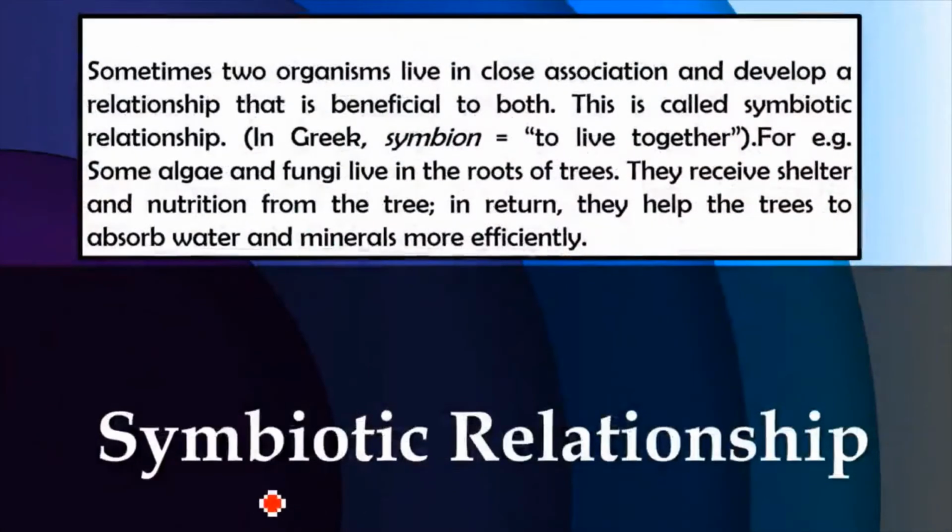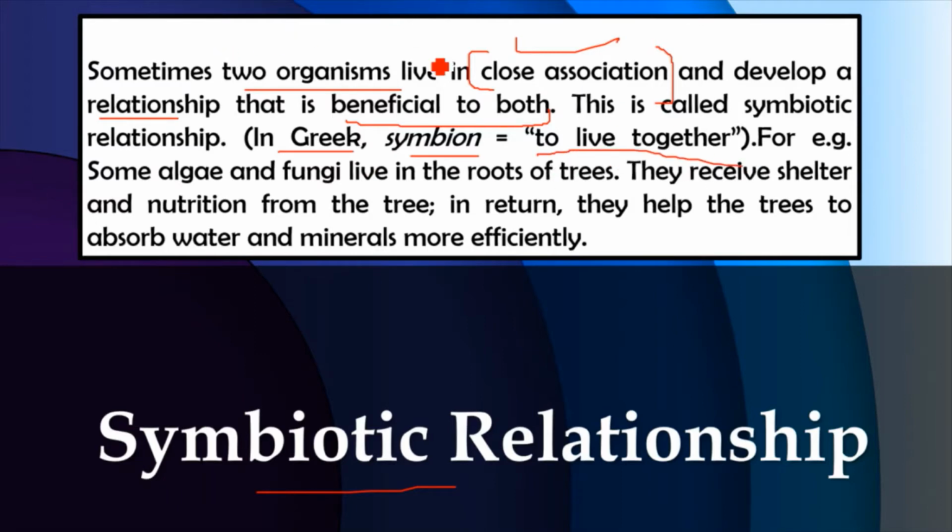So now here, symbiotic relationship. Sometimes two organisms live in close association and develop a relationship that is beneficial for both, and it's a close association which has benefits for both the organisms. This is called symbiotic relationship. In Greek, symbion means to live together.